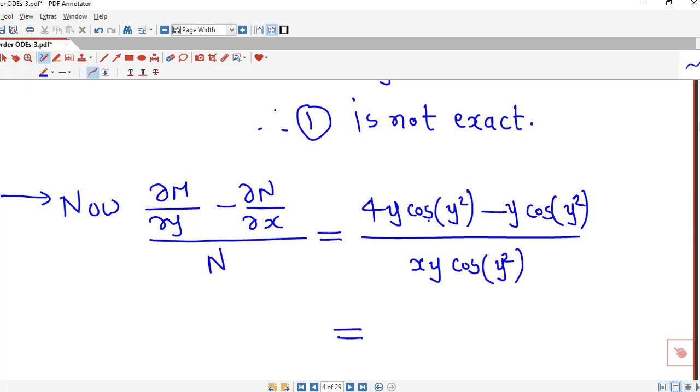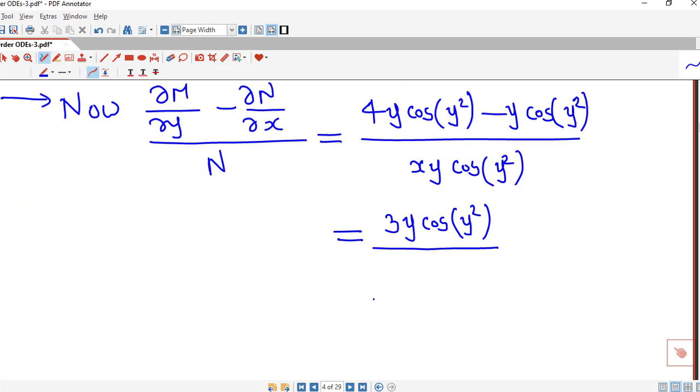So this is 4 times y cos y square minus 1 times y cos y square. So 4 minus 1, 3 times y cosine of y square, divided by x times y cosine of y square.